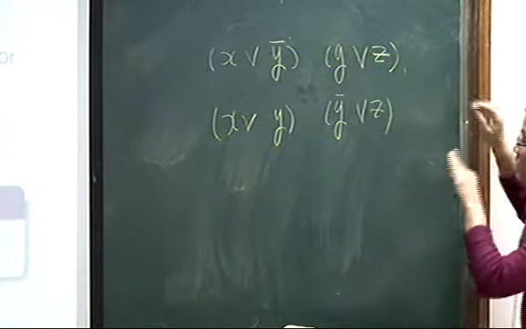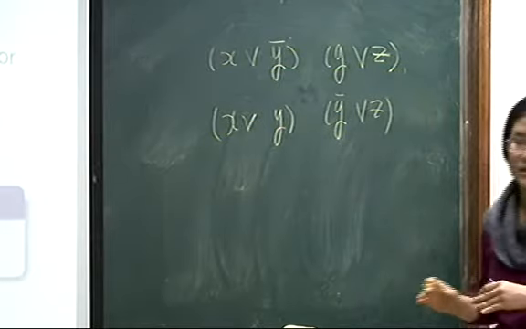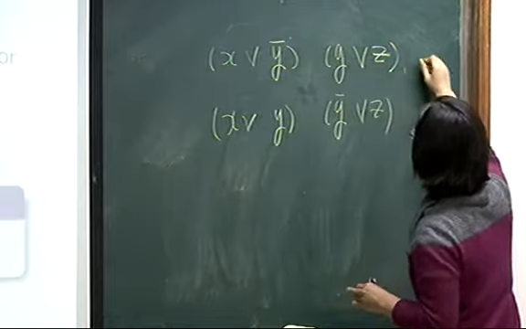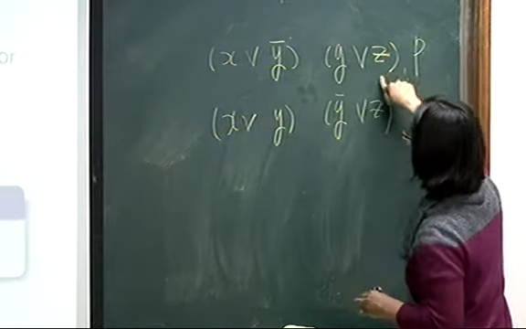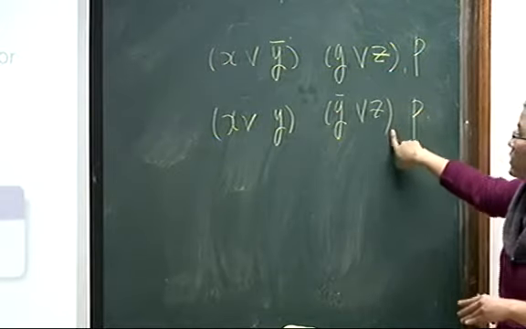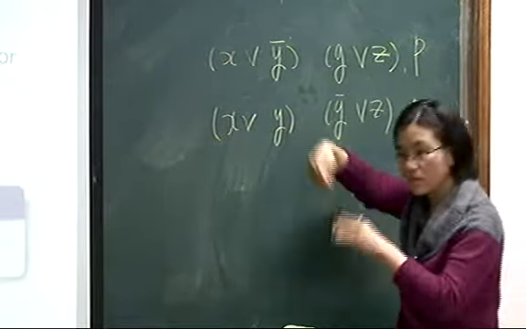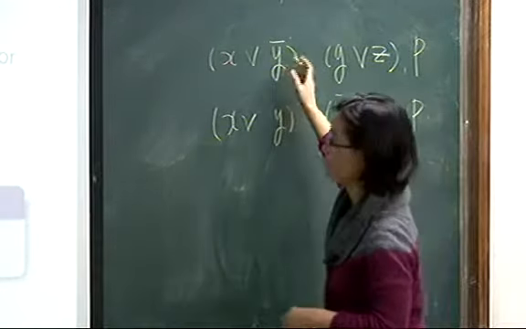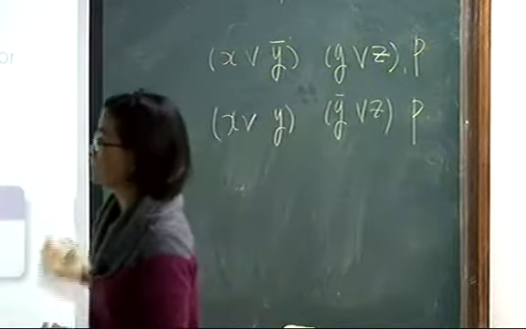Then they are equivalent formulas in the sense that if there is a truth assignment that satisfies p clauses here, then there is a corresponding truth assignment that satisfies p clauses. If you just reverse the truth value, then that will work.